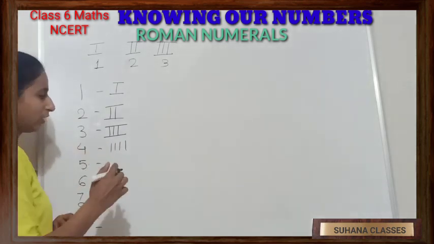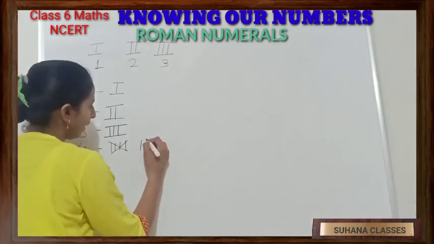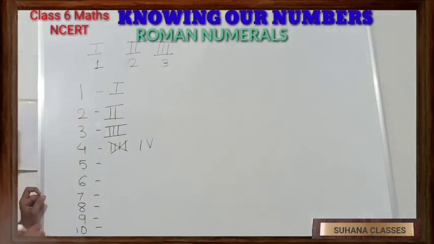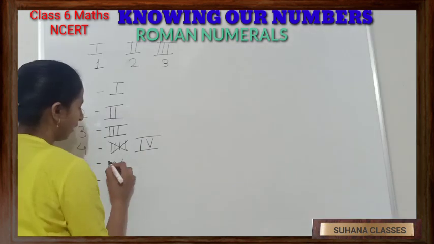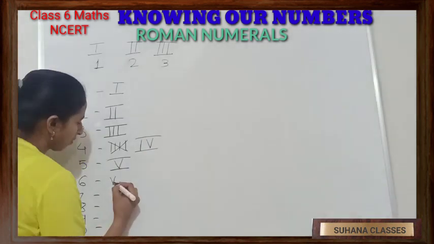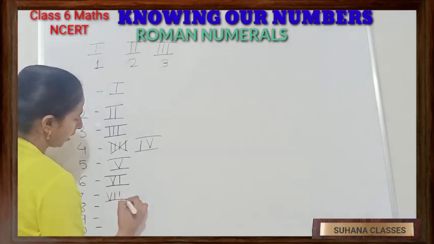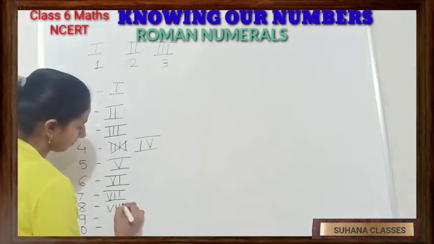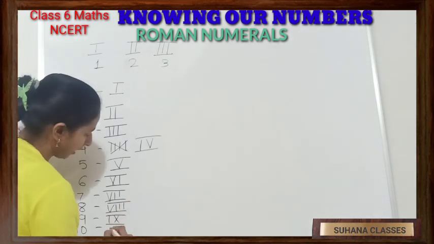No, it's totally wrong. How to write 4? 4, we write it as I and V. Okay, so 5 we write like this. 6, 5 plus 1 is 6. 7, okay. 8, okay. 9 and then 10.